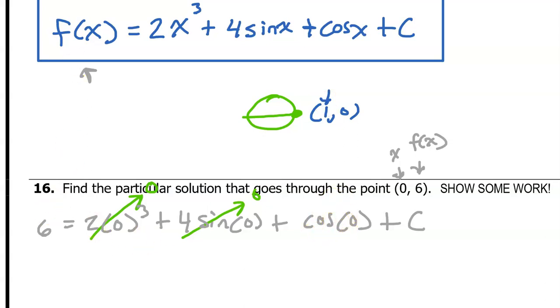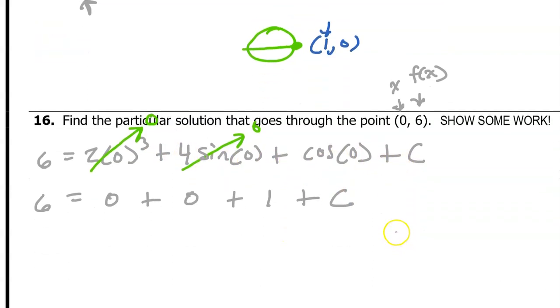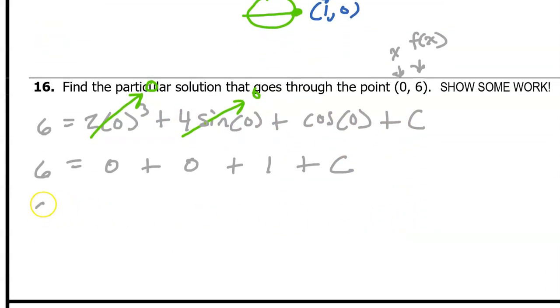So let me just rewrite at this point. So I have 6 equals, maybe I'll just show my work here. So I have 0 plus 0 plus 1 plus c. All right, I'm just showing the breadcrumbs of knowledge. So this is going to quickly become 6 is equal to 1 plus c.